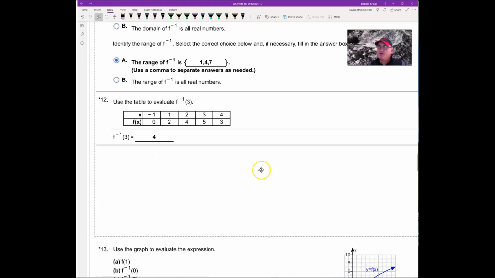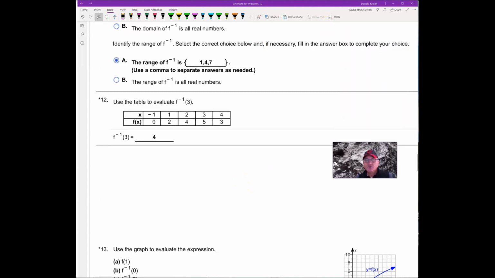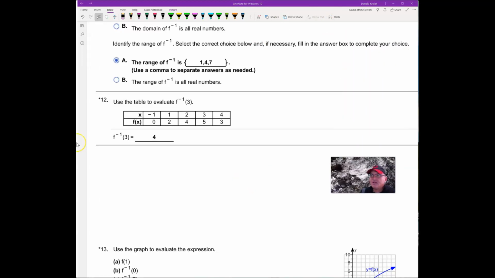Okay, evaluate f inverse when x is equal to 3. So you're going to create an inverse table, or you're going to look at the y value instead of the x value. So you can do it either way.